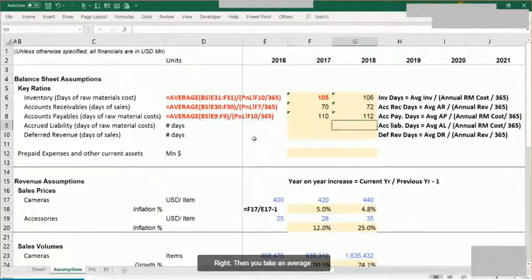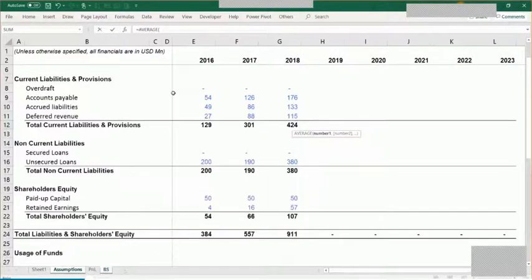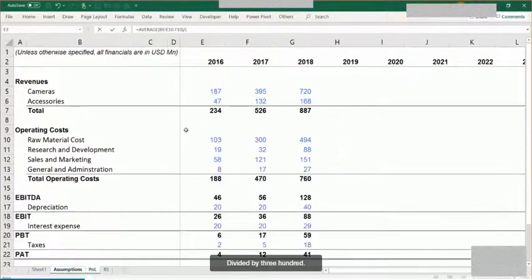Then you take average accrued liabilities divided by 300 divided by 365.